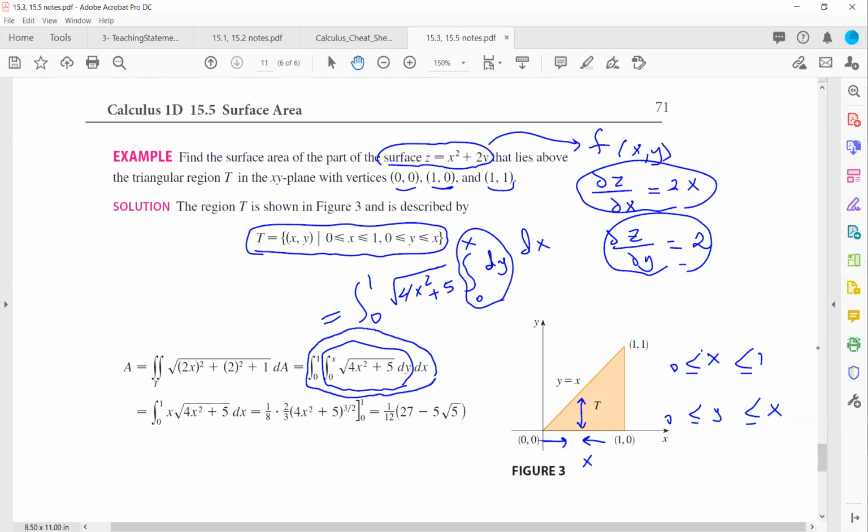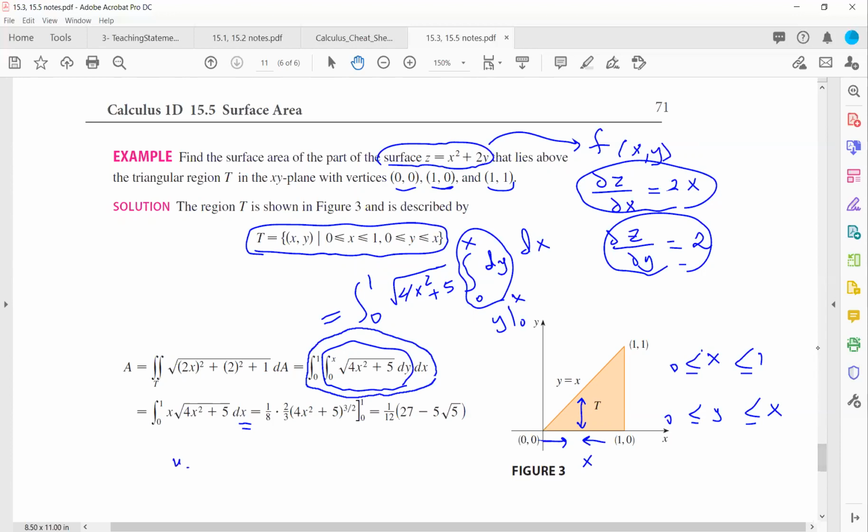So this integral is just saying that you are taking the integral 0 to x of dy, which is y ranges between 0 to x. This x is coming from taking the integral with respect to y. So now you have the integral with respect to x of x square root of 4x squared plus 5.